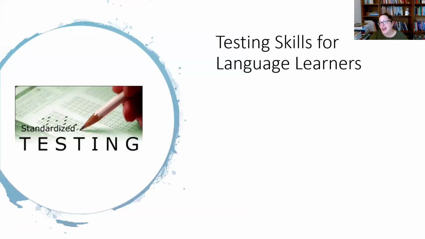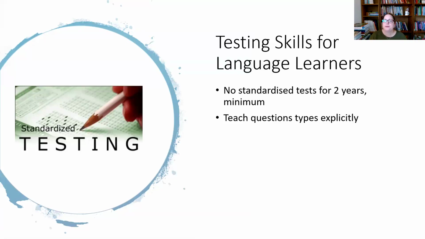If we need to use tests with our language learners, so if we need to do tests of any kind, but particularly standardized external tests, we can really teach them some skills to help them manage those tests. As I mentioned earlier, the gold standard is no standardized tests for 2 years minimum. Not all schools adhere to that for various reasons.